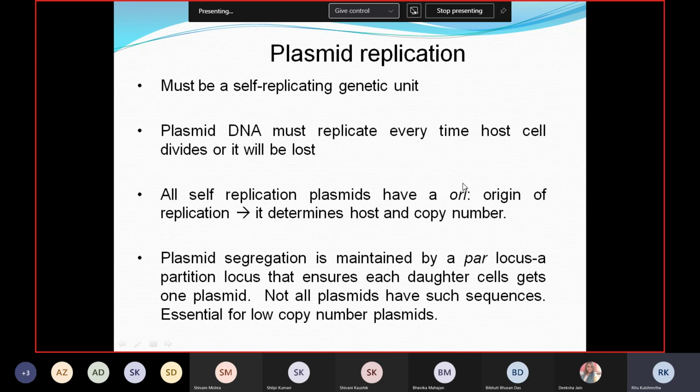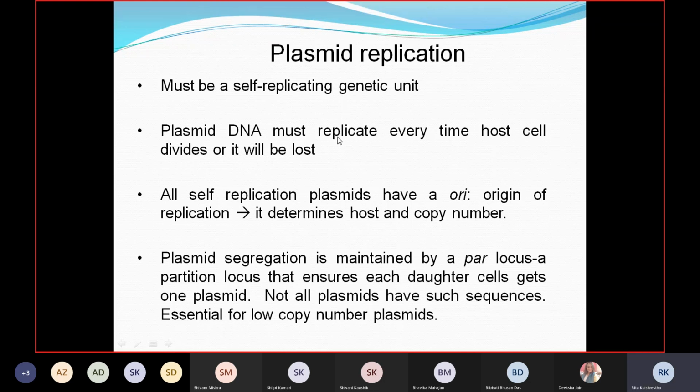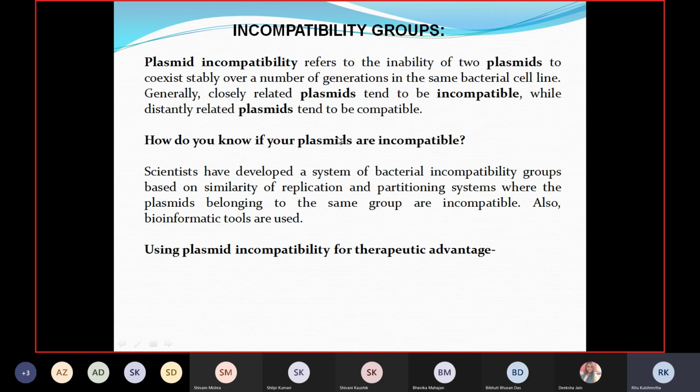Then, depending on the ORI, it determines the host and the copy number of a particular plasmid. I'm just rushing through these because these likely have been covered in the microbiology class, so please go through the notes again.